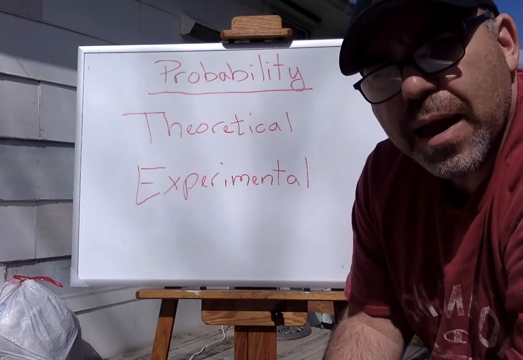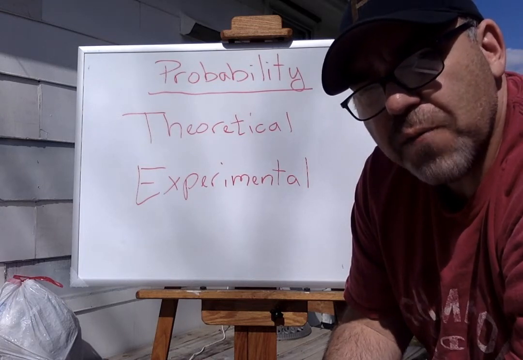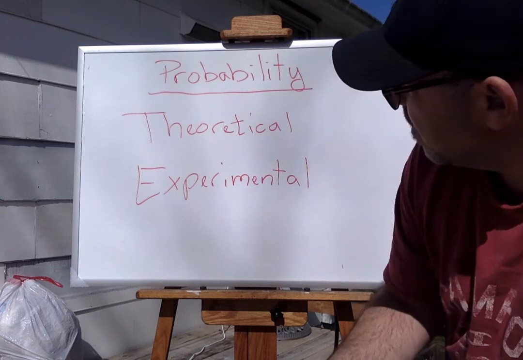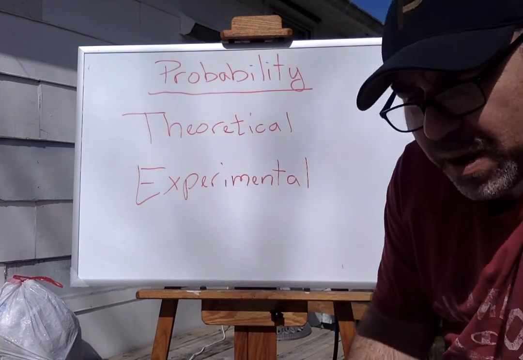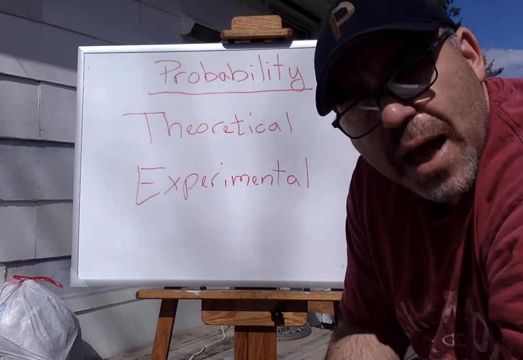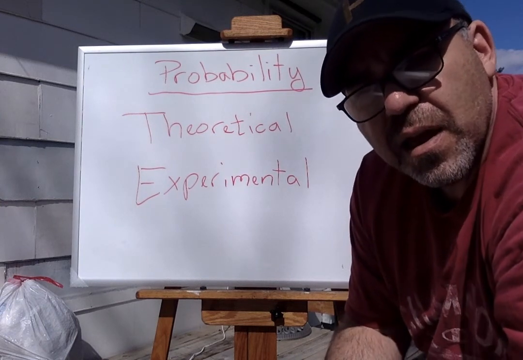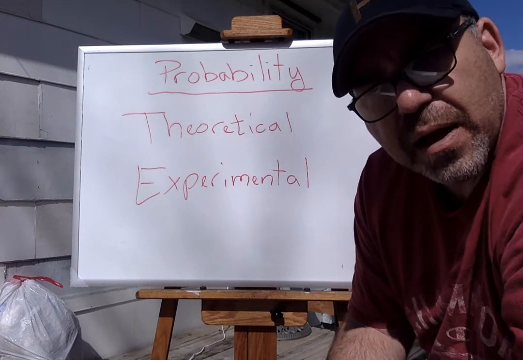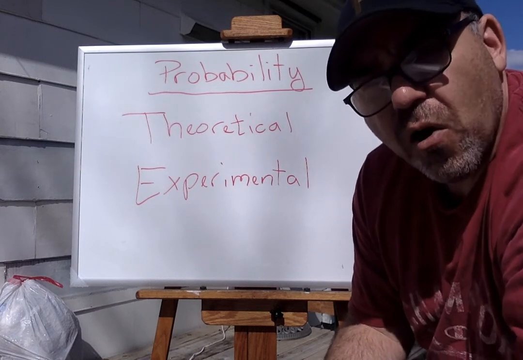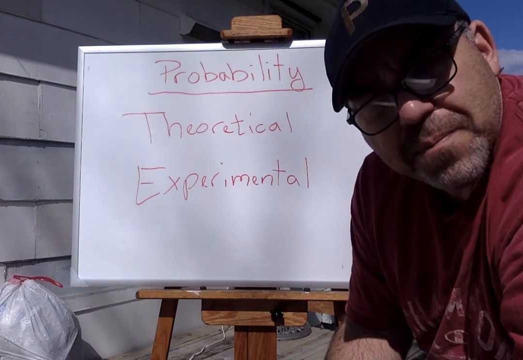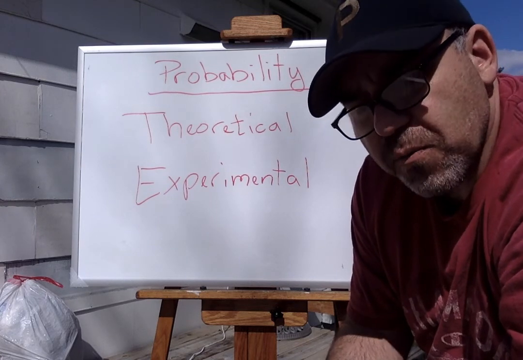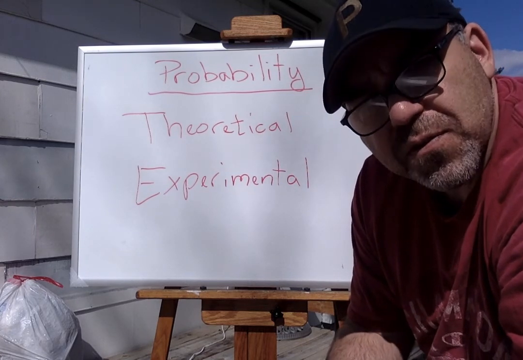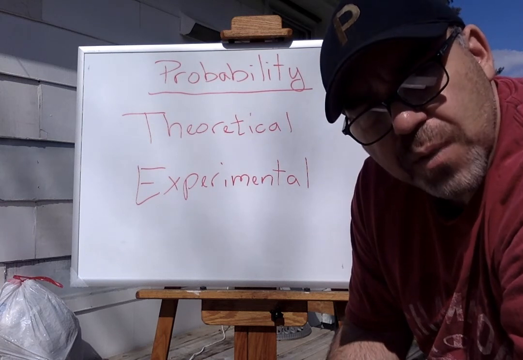Now, experimental is what would happen if we actually did the flipping of the coin, the rolling of the die, the spinning of a spinner, all kinds of different things. So what we have to understand again is that theoretically it should happen the same way every single time.